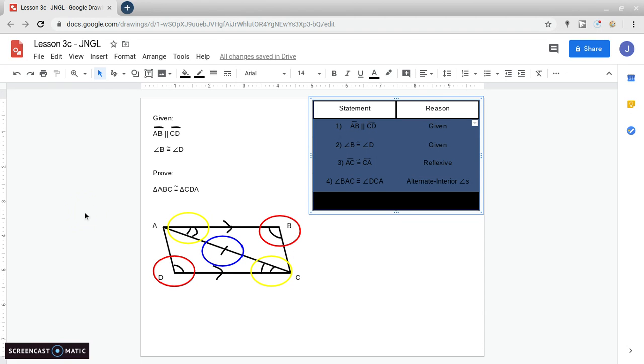The only reason why that statement can be true is that in the given, these lines are parallel. If these lines weren't parallel, then the alternate interior angles rule would not work. So that's why it's important to have that. Basically, if you didn't have the statement, then this would be wrong, and if that's wrong, then the whole thing's wrong.